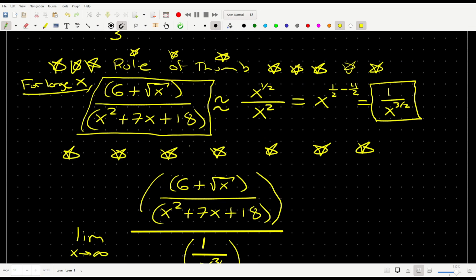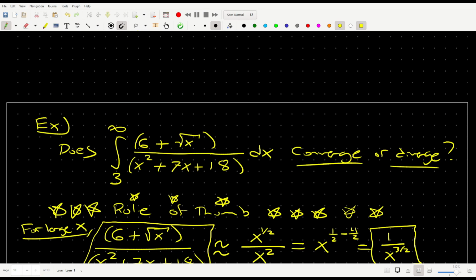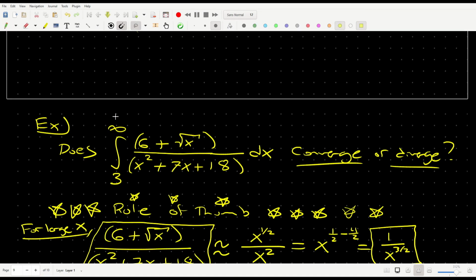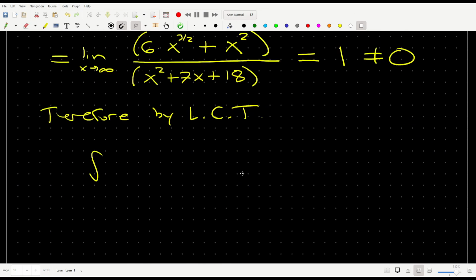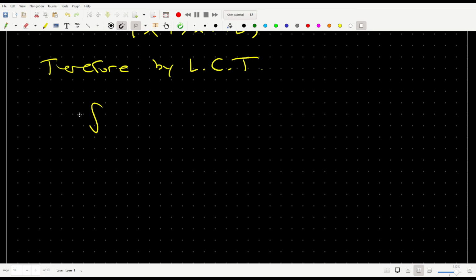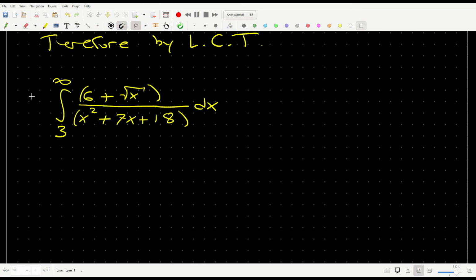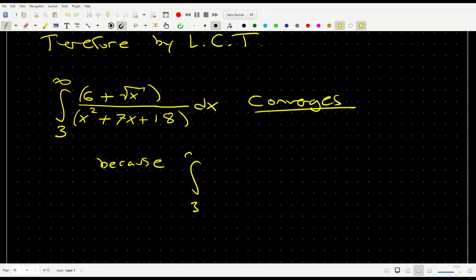the improper integral from 3 to infinity of this function, 6 plus square root of x over x squared plus 7x plus 18, is going to converge, because the improper integral from 3 to infinity of the comparison function, 1 over x to the 3/2 dx, converges.